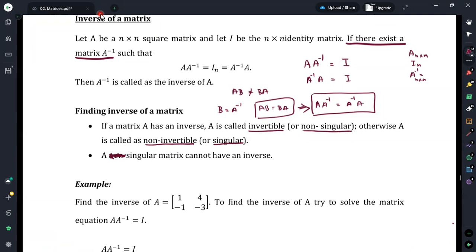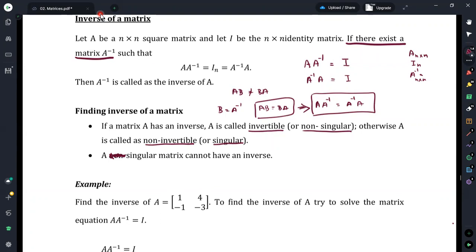If a matrix is a singular matrix, it cannot have the inverse. Sometimes the inverse does not exist, and in such a situation we cannot find the inverse. Such matrices are said to be non-invertible, or singular matrices.